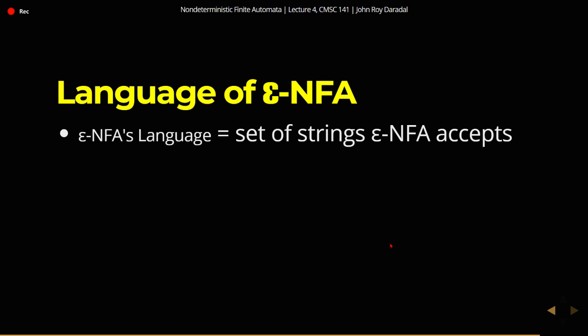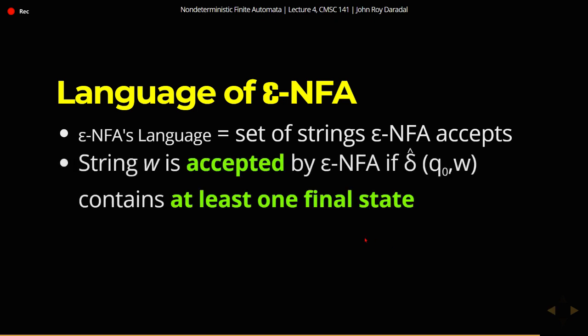So lastly, the language of the epsilon NFA is just the set of strings that it accepts. And formally, the string W is accepted by the epsilon NFA if the delta hat of the start state and the string W contains at least one final state. But again, take note that in processing the string W, there could be extra epsilon transitions along the way.